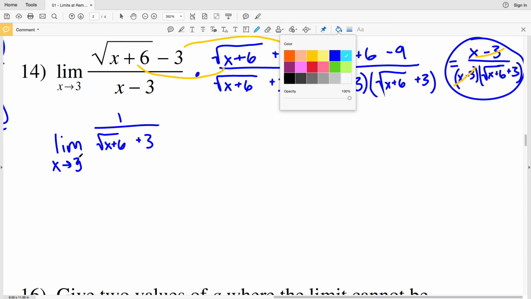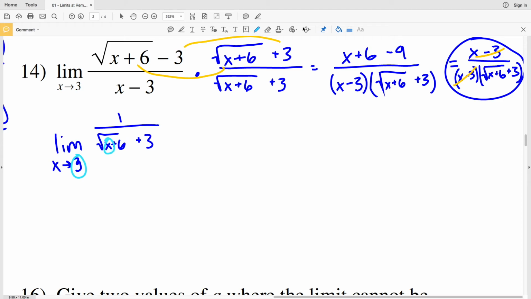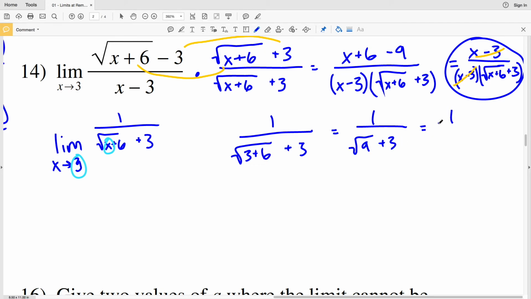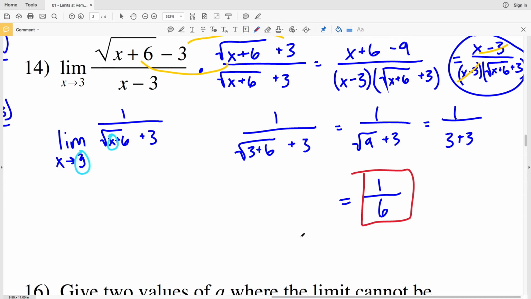So plugging in 3 for x, I'll get 1 over the square root of 3 plus 6 plus 3, which is 1 over the square root of 9 plus 3, which is 1 over 3 plus 3, which gives me 1/6. So 1/6 is my solution for the limit in number 14.